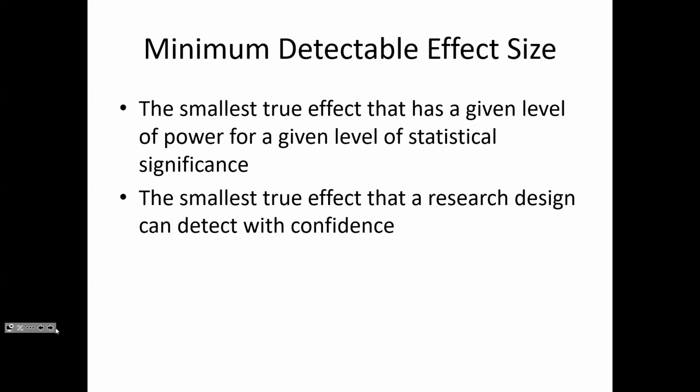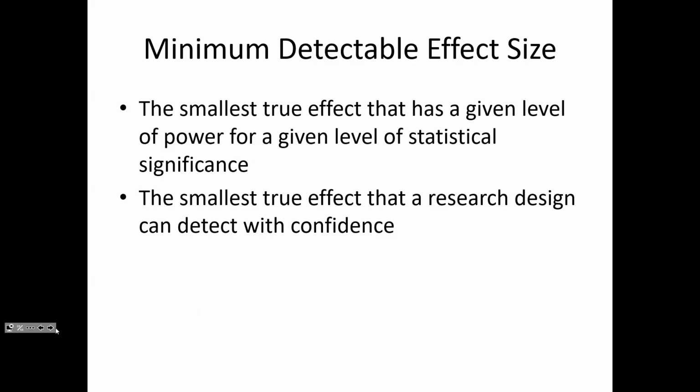So instead of saying, how many people or how many groups do I need to get a power of 0.8 with an effect size of 0.3, this flips the whole logic on its head a little bit and says, hey, if I have 200 clusters, each of size 10, what's the smallest effect size I could detect with a power of 0.8?